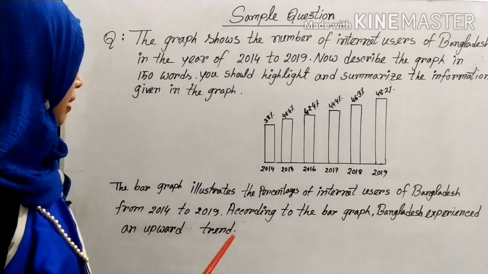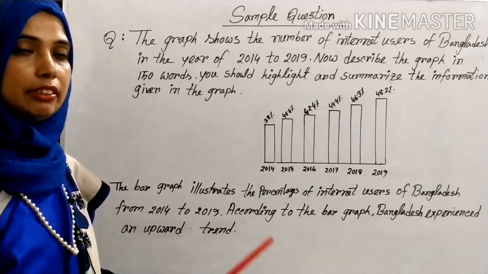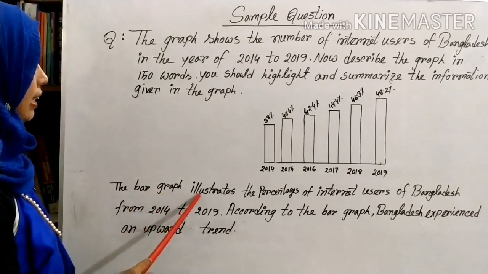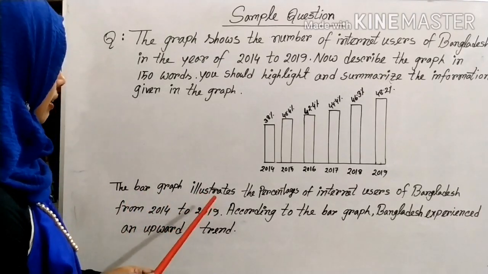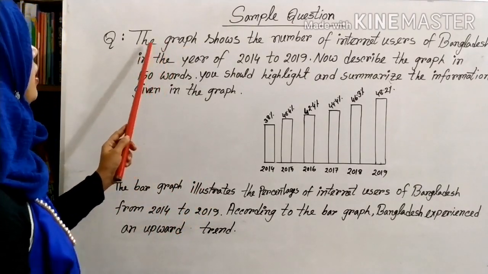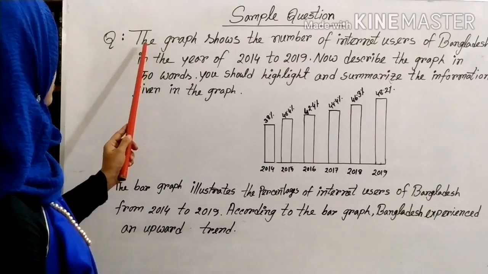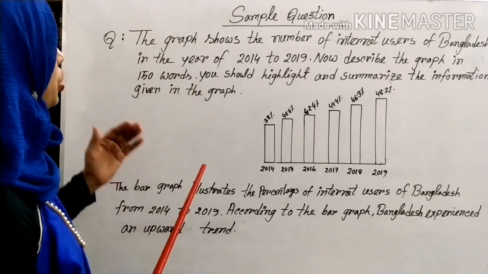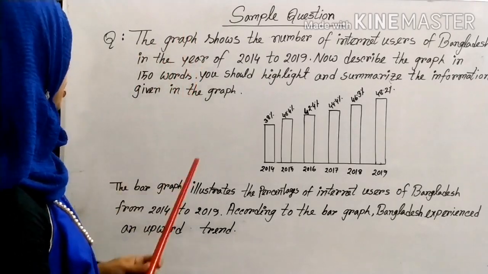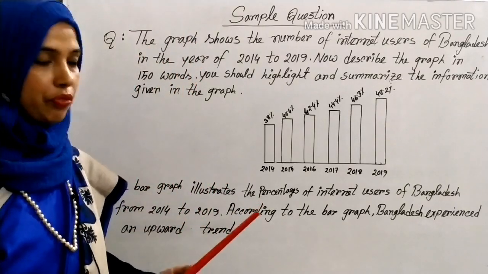So now let's look at the first, or introductory, para. Here I have mentioned, the bar graph illustrates. Just students, look at the word. In your question paper, the sentence starts with the graph shows, but no need to follow this type of sentence. You just try to write in a different way.